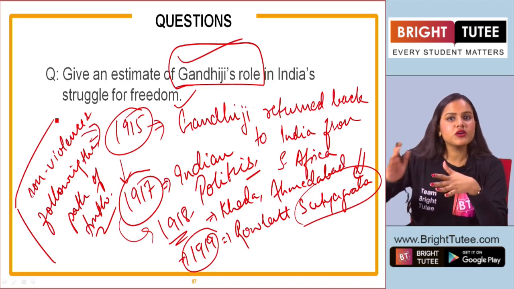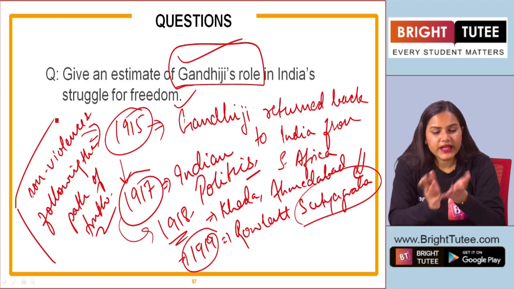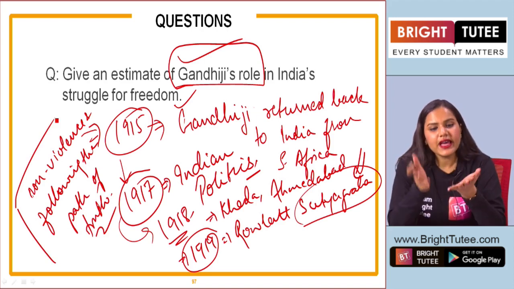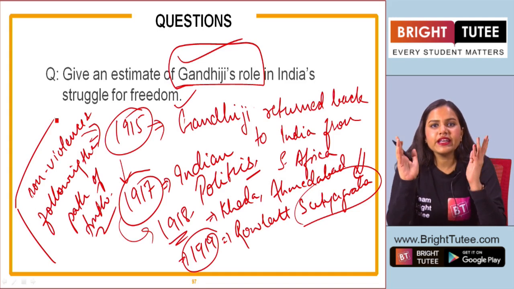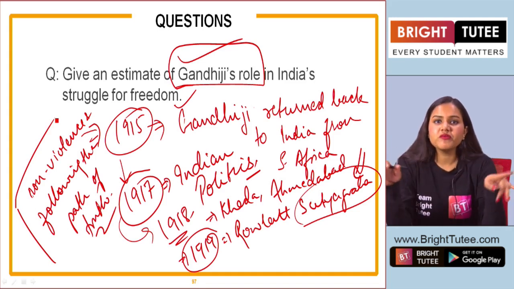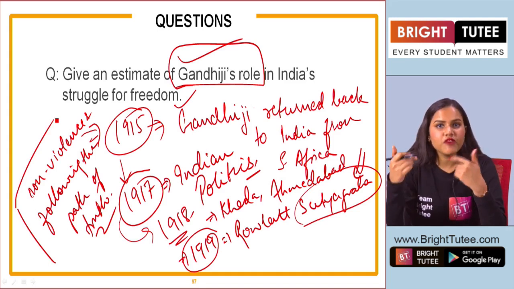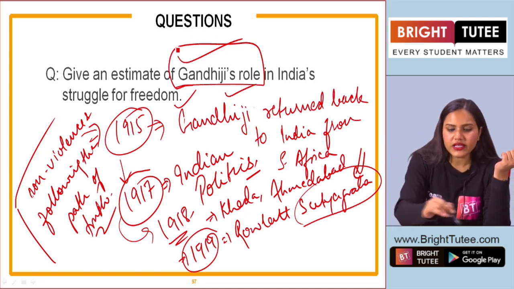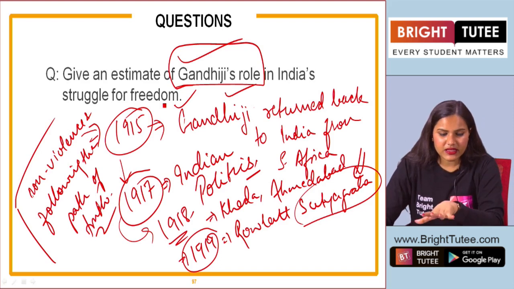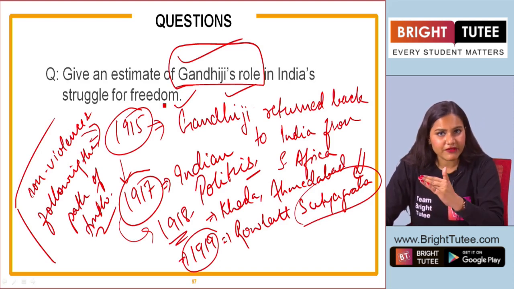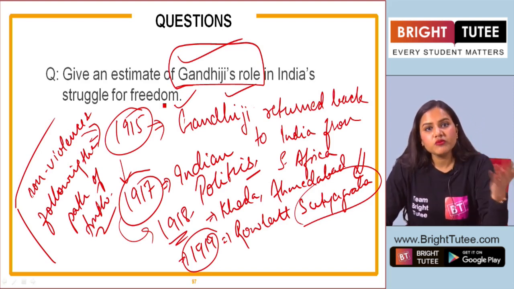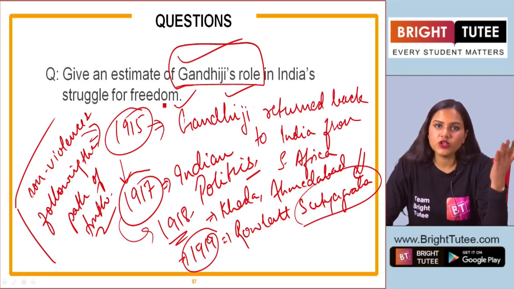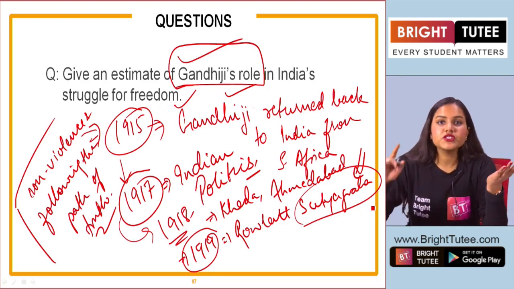Then we have to talk about the non-cooperation movement, then the civil disobedience movement, and lastly the Quit India movement. All these movements were launched under the leadership of Mahatma Gandhi. So here we can mention Gandhiji's role like this. First talk about when he arrived in India, then the initial satyagrahas that were launched, then his ideologies on satyagraha.